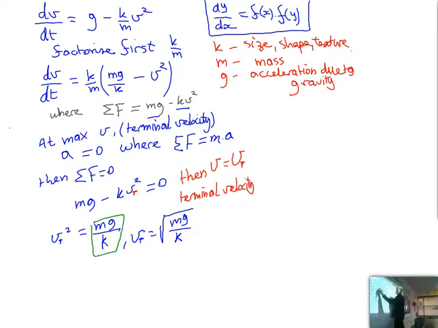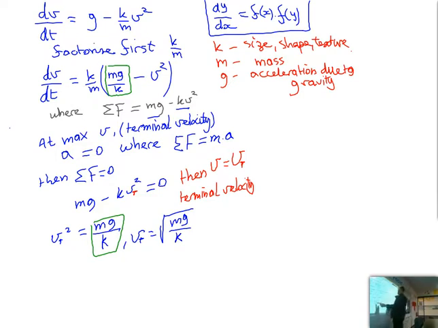That up there is what appears in our differential equation. Okay? So we're going to rewrite our differential equation not in terms of mass, gravity, and our size, shape, and texture constant k. We're going to introduce a different parameter called the terminal velocity to make it more convenient.